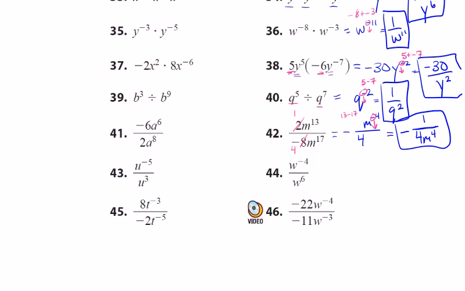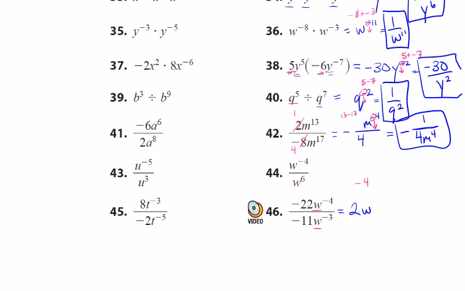All right, and I'll do 46. So negative 22 divided by negative 11. So that equals 2. Negative divided by negative is a positive, so it'll be positive 2 on top. And then the w's, since those are like bases, I'm going to subtract the exponents.